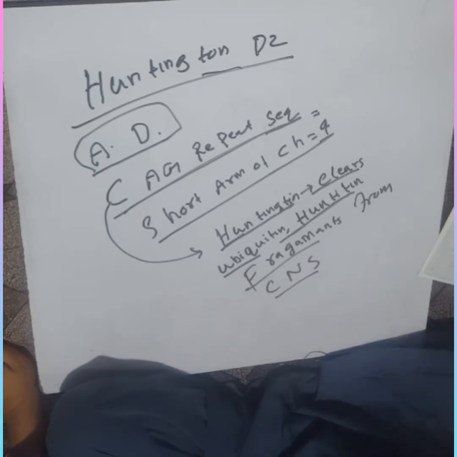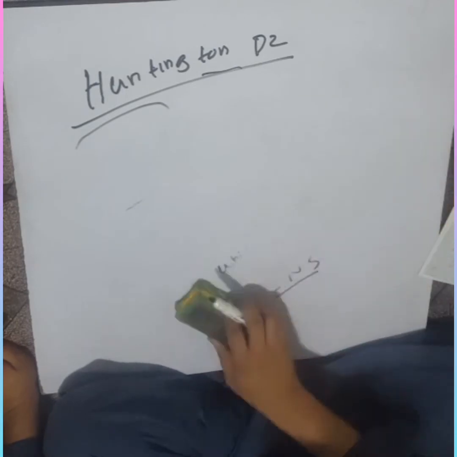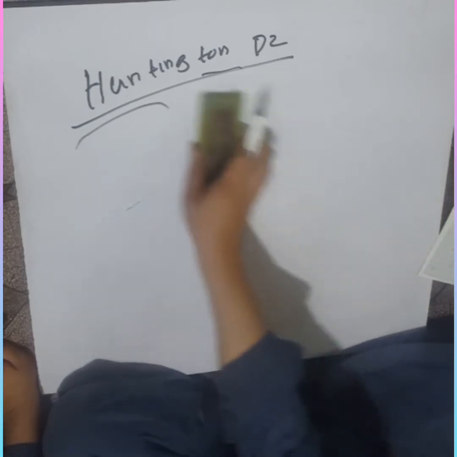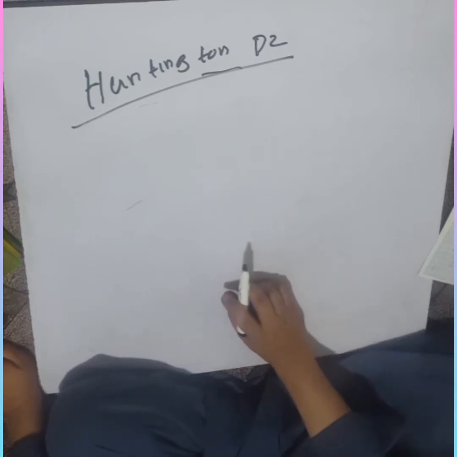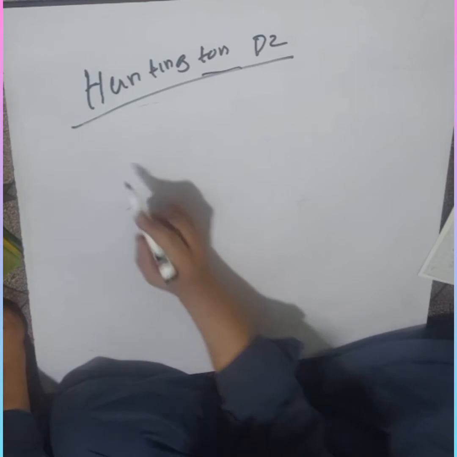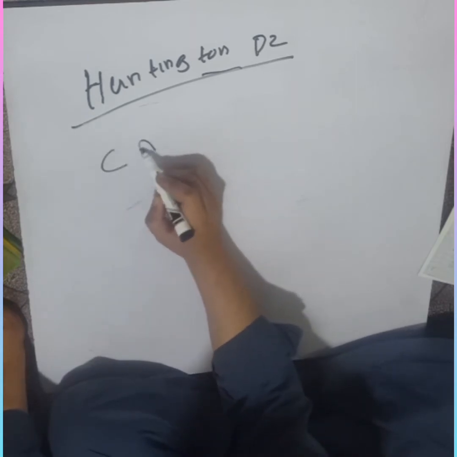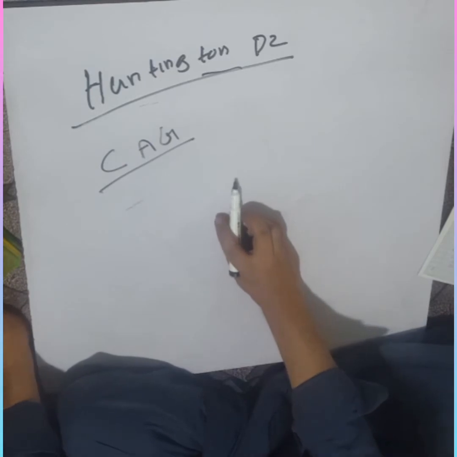Normally, this Huntington protein functions and clears the neurotoxic fragments from the CNS. When a mutation in the CAG repeat sequence occurs, it causes Huntington abnormalities.